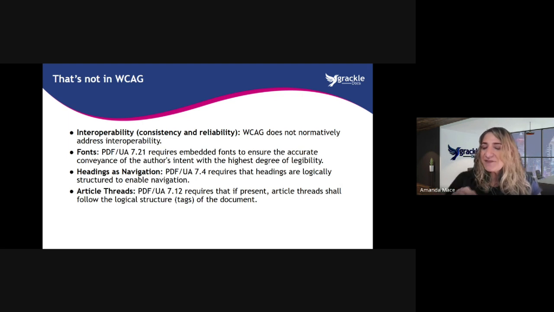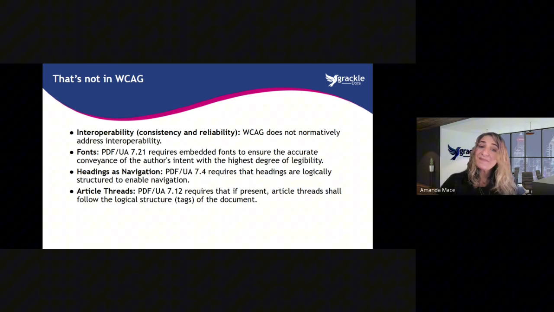So PDF UA is a requirement because that content is static. It's not changing. So it does require that headings are correctly nested in order to pass. So while it's a best practice advice in WCAG, it's a mandatory thing in a PDF file. And that's a great acknowledgement of the different type of content and the way it's being viewed as a user in this scenario.